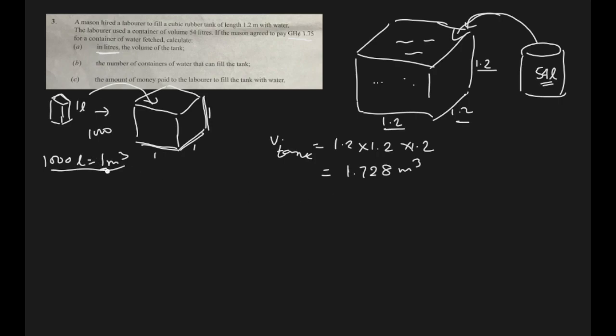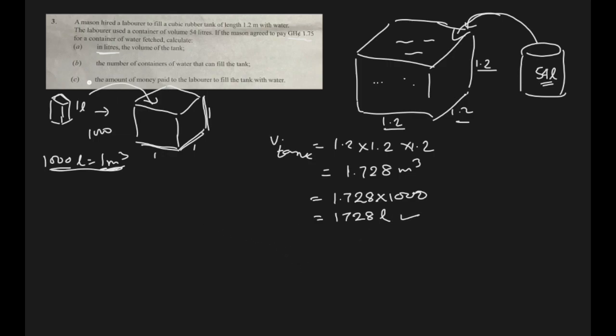That means every 1 meter cube is 1000 liters. So it becomes 1.728 times 1000. So it comes out to be 1728 liters. Okay, so now that was the question. In liters, find the volume of the tank. So this is the answer.